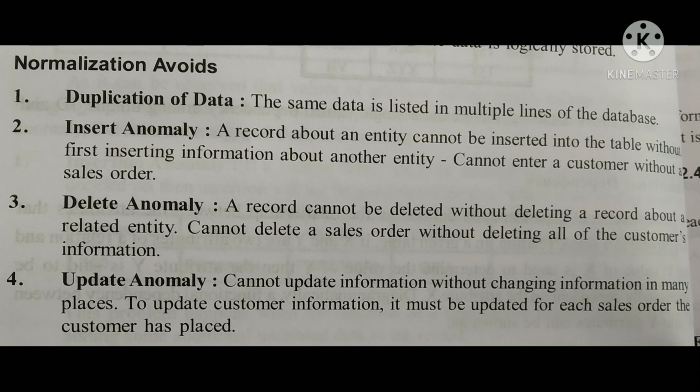In a particular table, the same column name should not be used twice. And the fourth rule is that the order in which the data is stored does not matter.